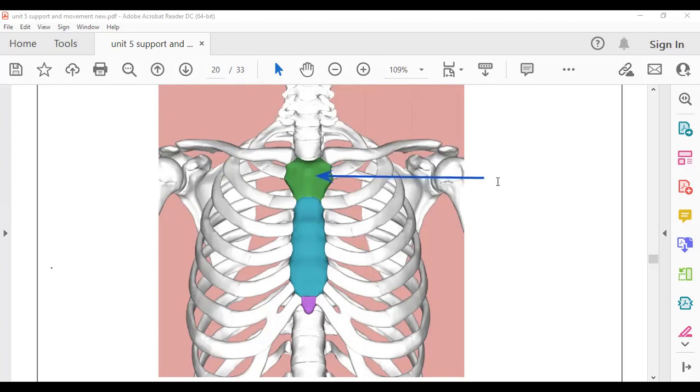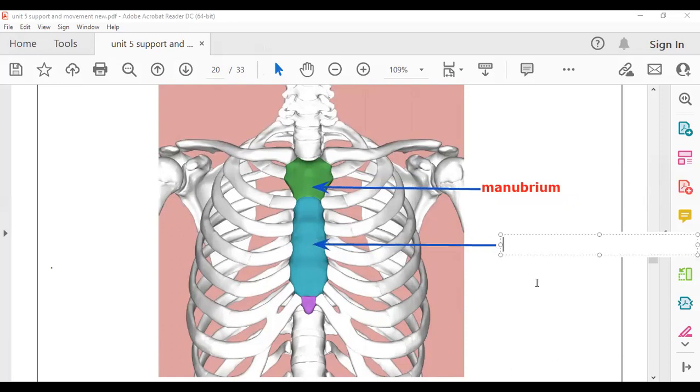Then, the body of the sternum. So it is the body. Correct? Yes, the body.